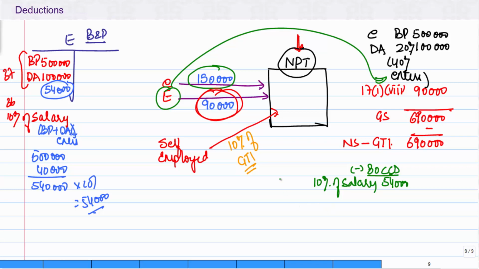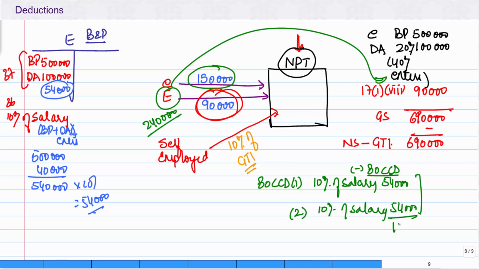So you will also get a deduction. This is 80CCD(1). And for employer's contribution, again 10% of salary, which is 54,000. So essentially, the employee has contributed 2,40,000, but he's going to get a deduction of only 1,08,000. So the balance that he's investing is now being taxed, which makes his investment a little more expensive.